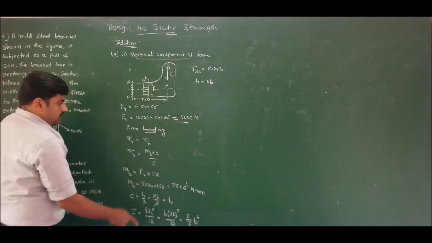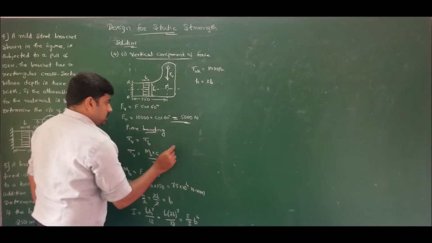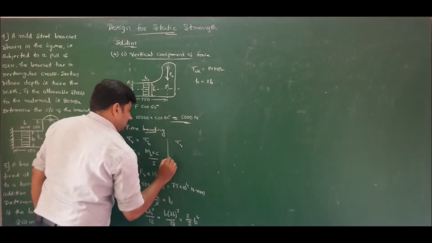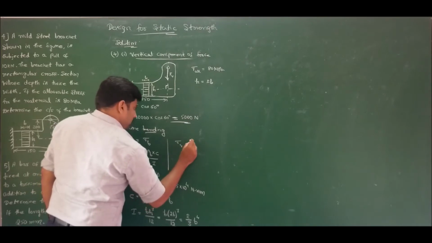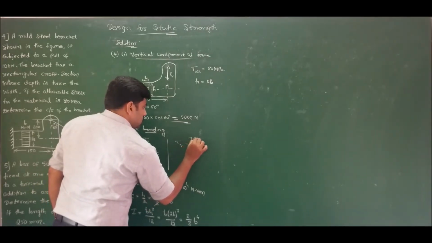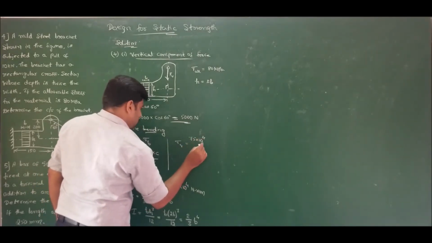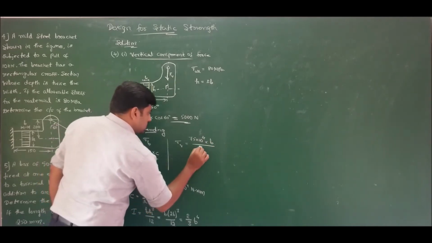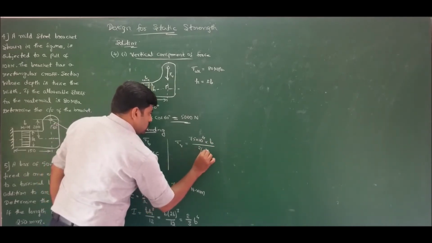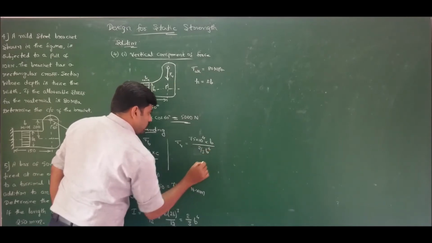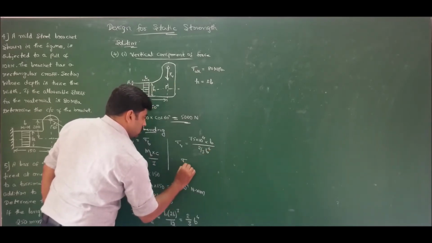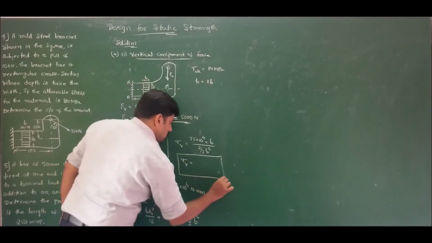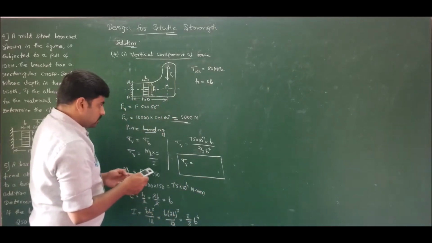If I substitute all these values into this equation, I will get the stress induced due to vertical component equal to Mb, 75 into 10 to the power of 4, into C which is b, divided by I which is 2 by 3 b to the power of 4.